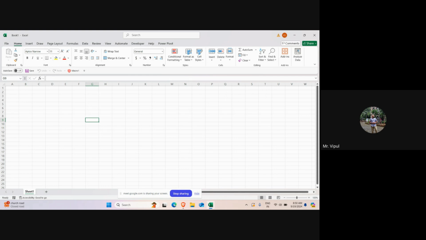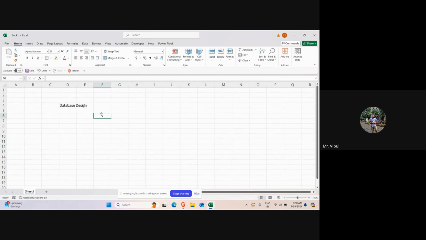Alright. So let us divide this section into different parts. First module is database design. So far, you have learned how to perform basic data analysis using Python and Excel.